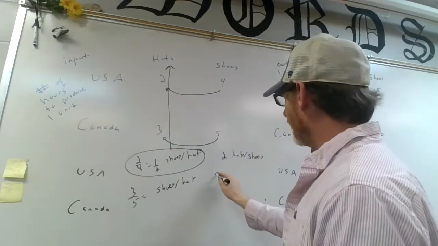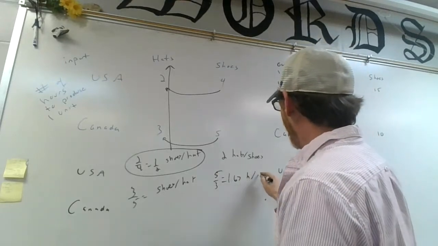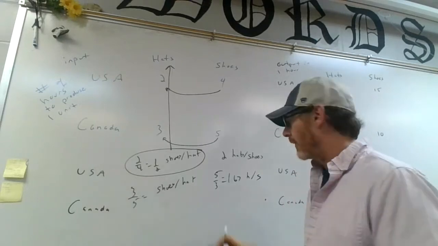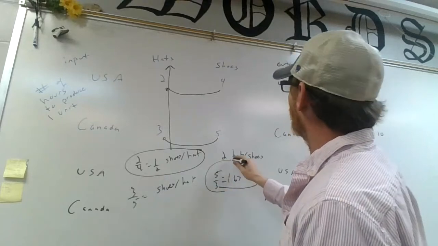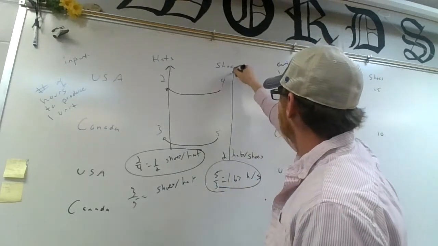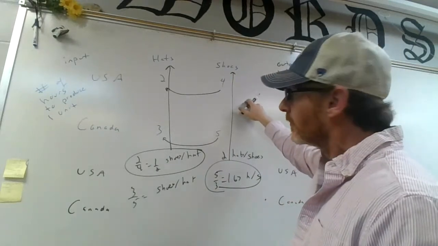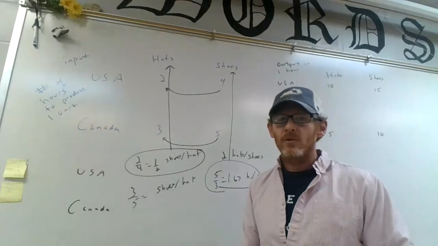And this would be 5/3 or 1.67 hats per shoe. We're again looking at the lowest opportunity cost, so 1.67. Canada's giving up fewer shoes to make hats, so Canada will focus on making shoes. They'll specialize in shoes. And America will specialize in hats because they're giving up the least amount to do that.